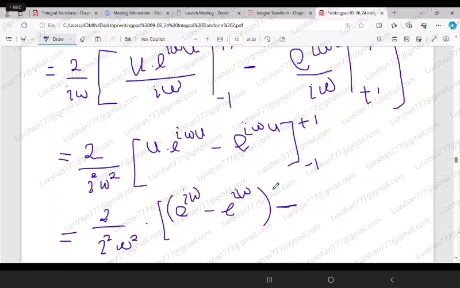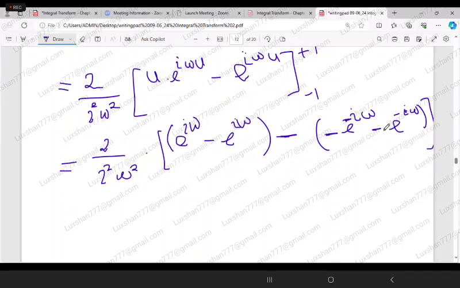Yeah. So if I put minus 1, then I'm getting minus e to the power i omega minus i omega, e to the power minus i omega. Here if I put plus 1, I get e to the power minus i omega minus e to the power minus i omega. So this becomes 0, and if I take minus out, that becomes 0.